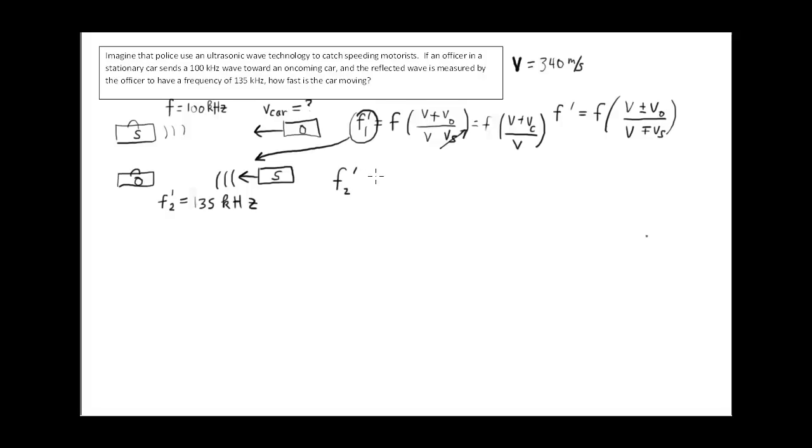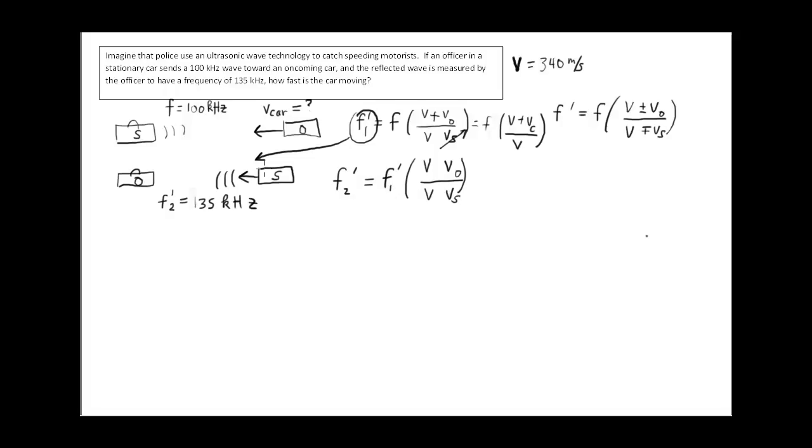f2 prime, that's the 135 kilohertz, is equal to the incoming frequency, right? The frequency that came reflected off the car, which I'm going to call now the f1 prime, and we'll substitute for that in a minute. And now we still have the familiar v and then VO over v and VS, and we have to figure out what to do with these. Well, remember now the car is the source, so it's moving.